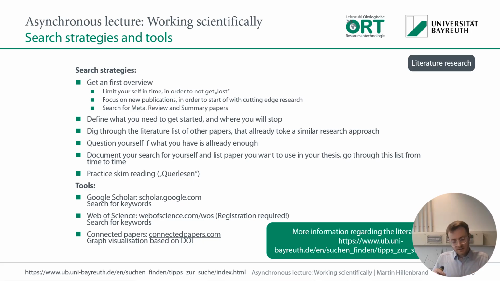You can copy this DOI and put it into Connected Papers, and then you get a graph visualization of which papers reference this paper, and also which other papers this paper referenced.